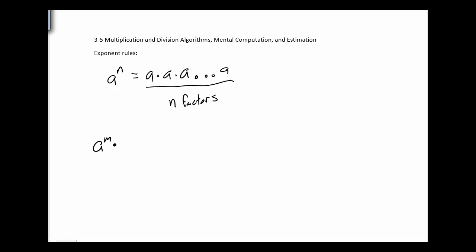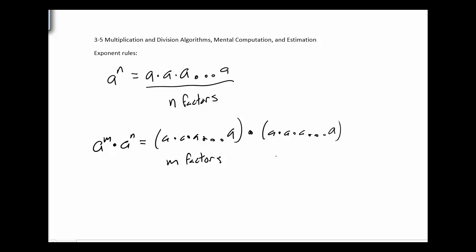Let's say we've got a to the m power times a to the n power. That means, using this idea, we have m number of a's, m, the letter m, and then with the nth, we have n number of those.